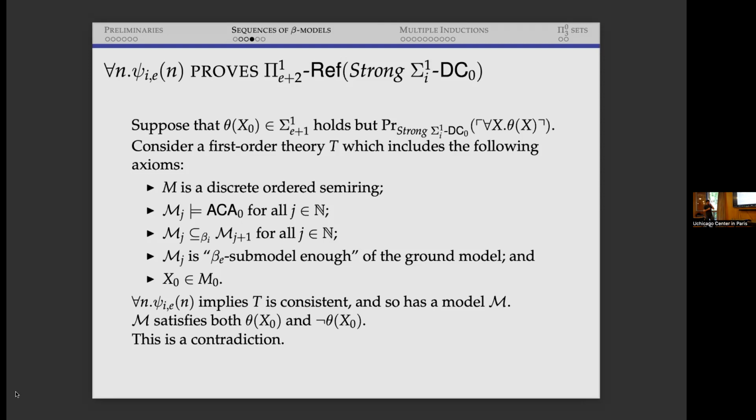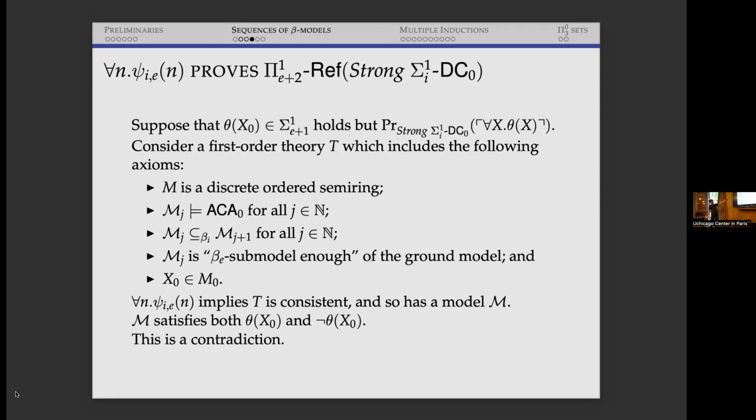So okay, this is going to be consistent as we can get arbitrarily long sequences of beta models, and so we get a model for it. First, this model is going to be a model of strong sigma 1 dependent choices, because you can get increasing hyperjumps inside it, and it is going to satisfy theta for x0 because any model of dependent choice is going to satisfy it.